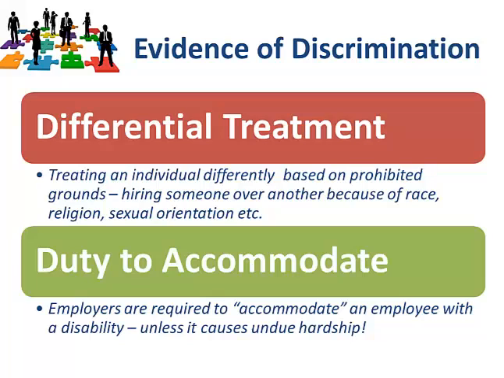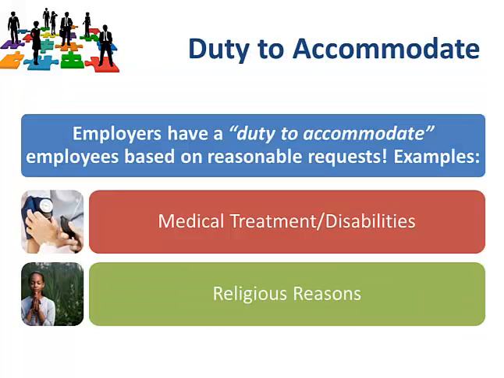Where the buck stops is if it causes undue hardship for an employer. For example, a small business on a second floor would not be expected to put in an elevator. The duty to accommodate goes well beyond medical treatment and disabilities. It also includes religious reasons.